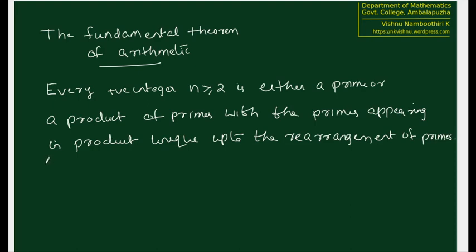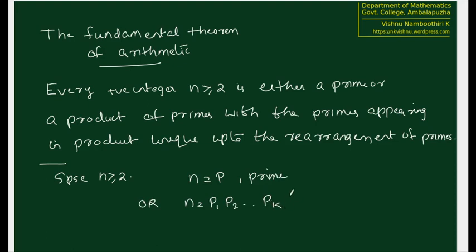So the meaning of this result is the following. Suppose that n is greater than or equal to 2. So then n is going to be equal to a prime, or n equal to p1, p2, etc. pk, a product of k primes. And not only that, if n we write as q1, q2, etc. qs, then this p1, p2, etc. pk and q1, q2, etc. qs, they are going to be exactly the same primes, except possibly some shuffling of the order in which the primes are appearing on both sides.